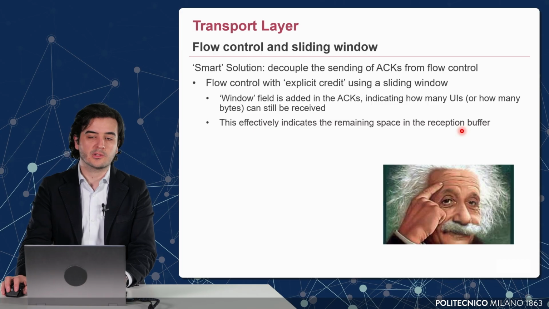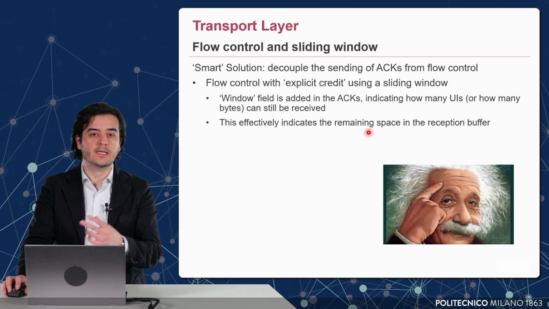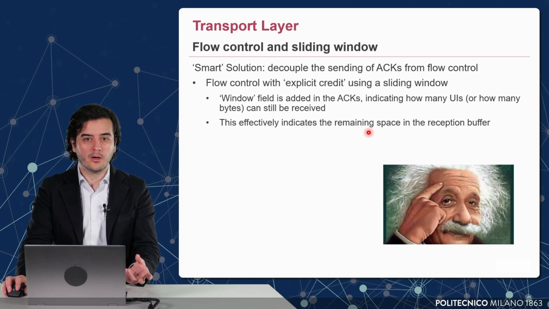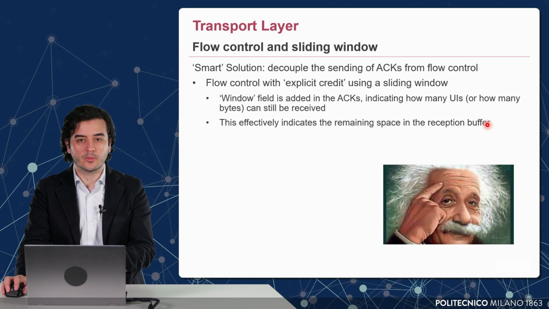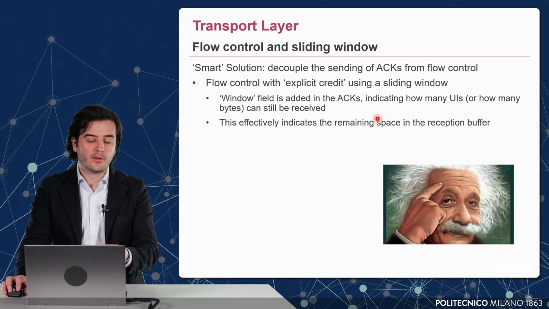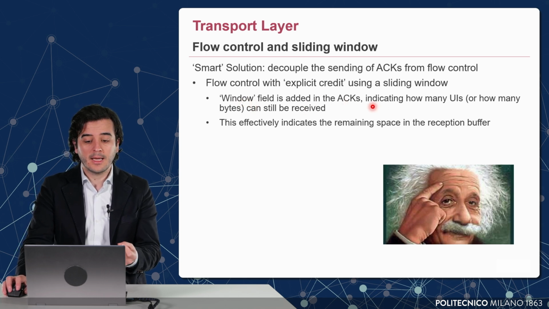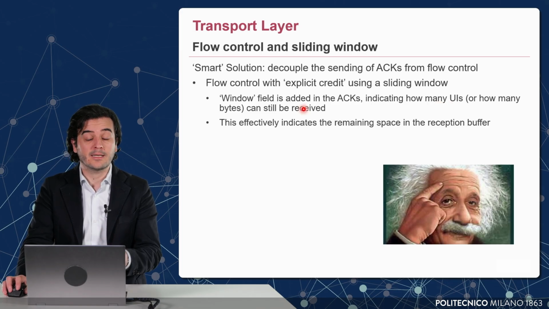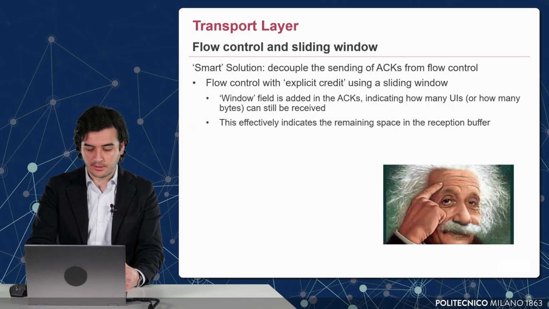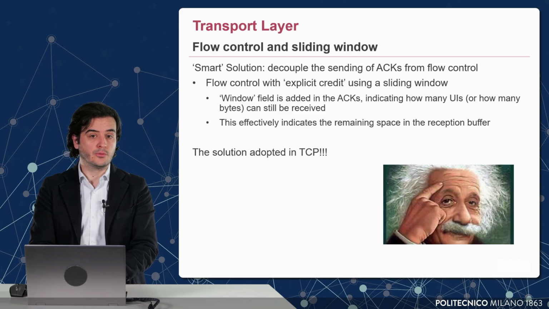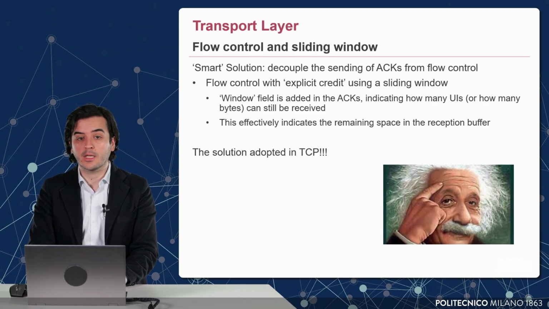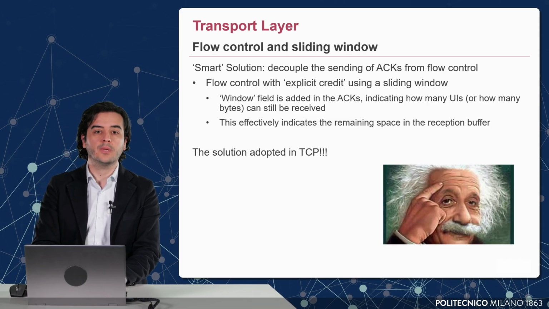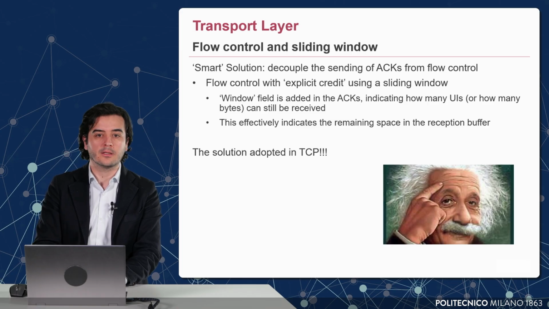So instead of just relying on whether to send acknowledgements right away or to wait for a given moment in time, you take into account the current state of the network. This window field, added in the acknowledgements, indicates how many information units can still be received. This solution is adopted in TCP, which is the main protocol implemented in the transport layer.